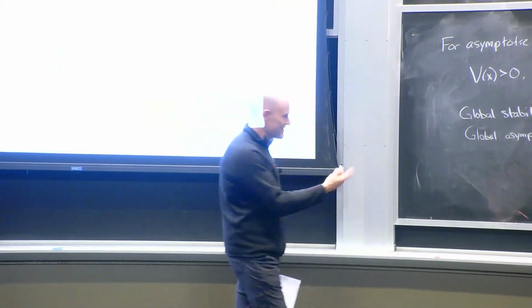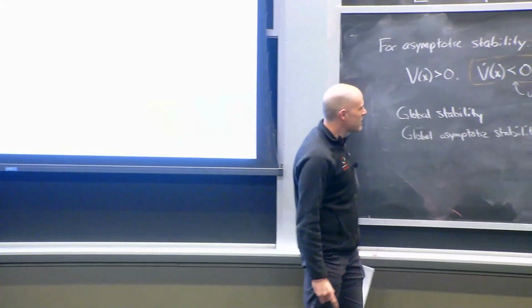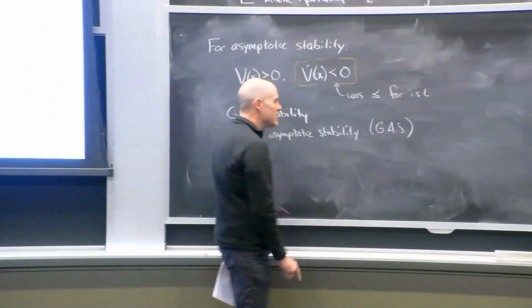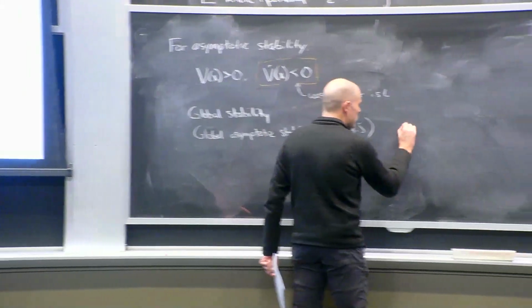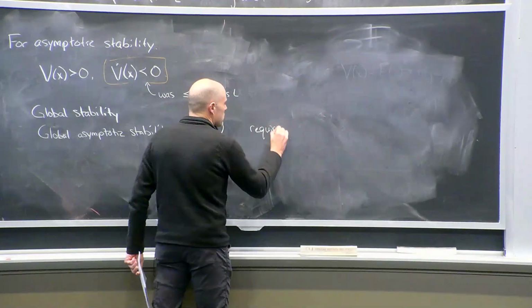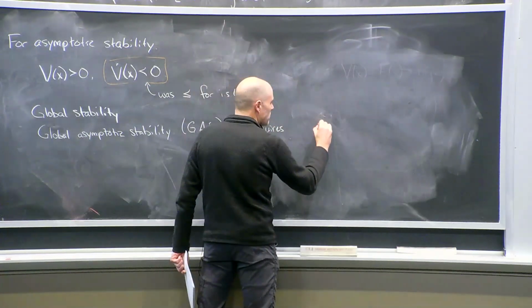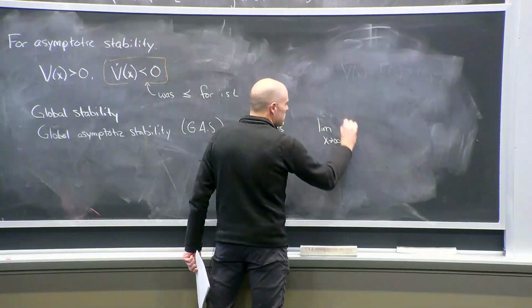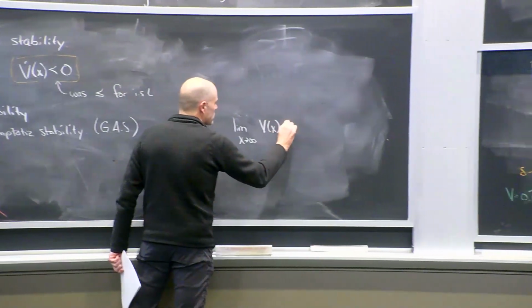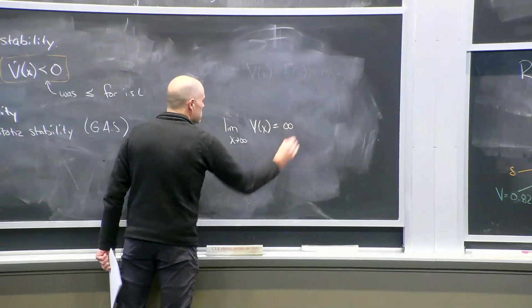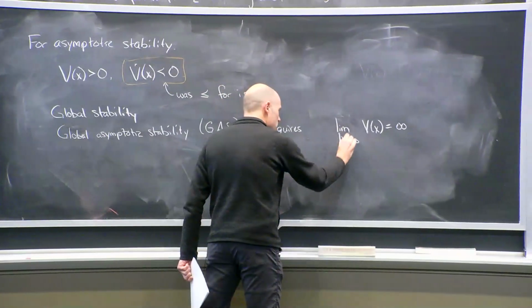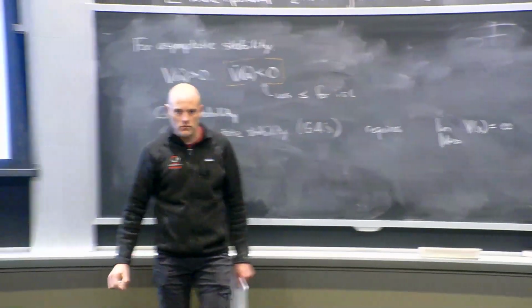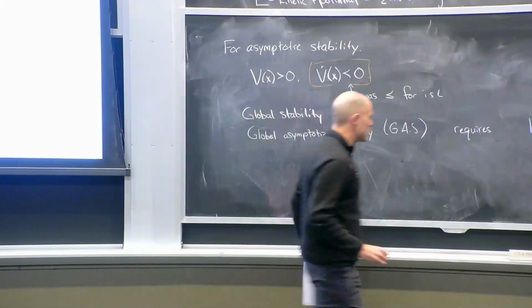You're like, what's GAS? It's global asymptotic stability. That requires one extra condition. You want that the limit as x goes to infinity, v of x also goes to infinity in some norm. You want it to be radially unbounded.